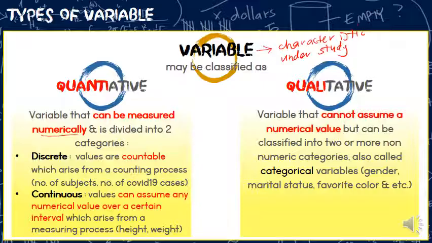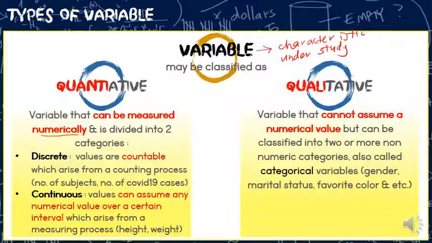You biasanya dapat continuous quantitative variable bila you ukur sesuatu. Contohnya height and weight. What is your height? 160 cm. Some of you mungkin 162.5 cm. 1.5 meters. So the value can be in point form. That is continuous quantitative.